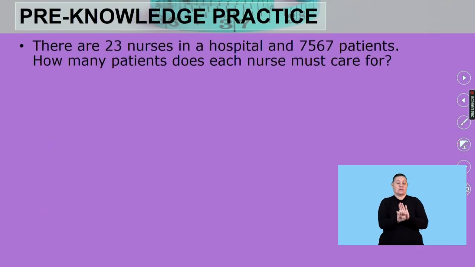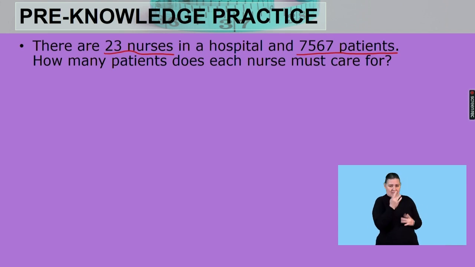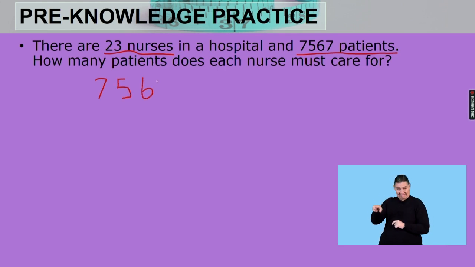An example. There are 23 nurses in a hospital and 7,567 patients. How many patients must each nurse care for? We've got a total of 7,567.